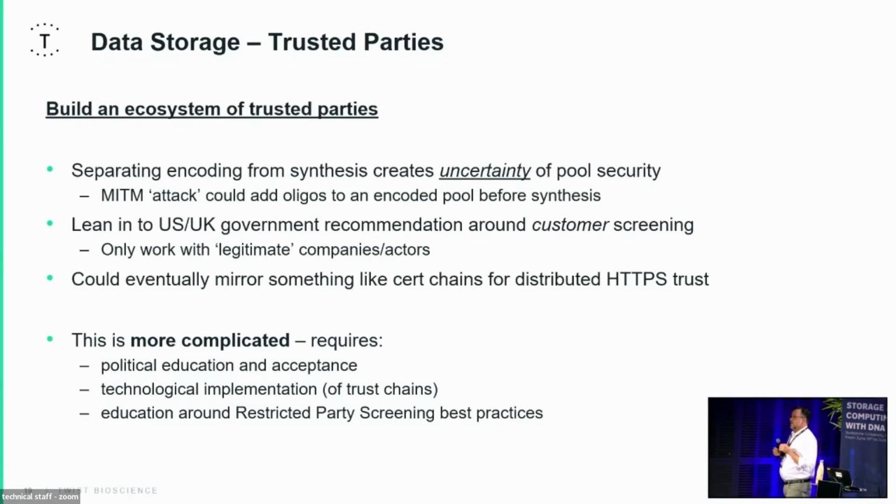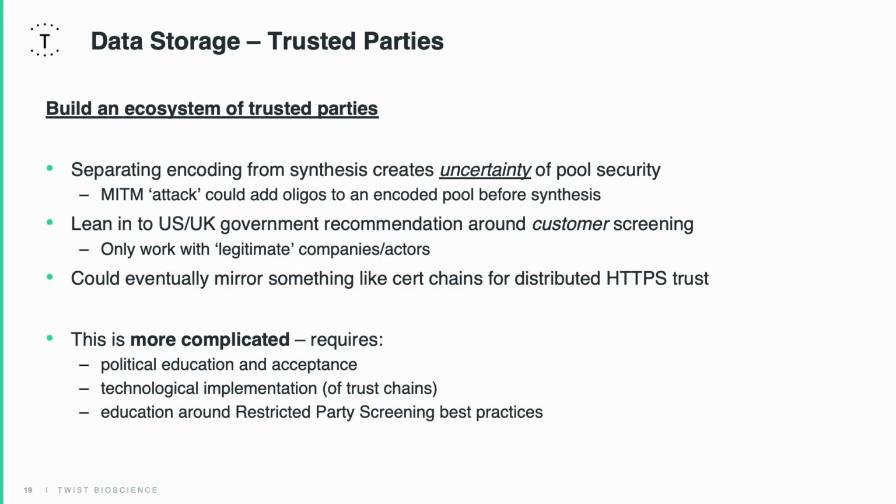And then there's a model of trusted parties, a small number of companies interacting with one another. You might think of somebody doing the encoding, someone doing the synthesis, someone doing the archiving. Those organizations all have to have a very high level of trust. They have to have processes in place to detect potential bad actors, and they have to be able to demonstrate that they have these mechanisms in place.